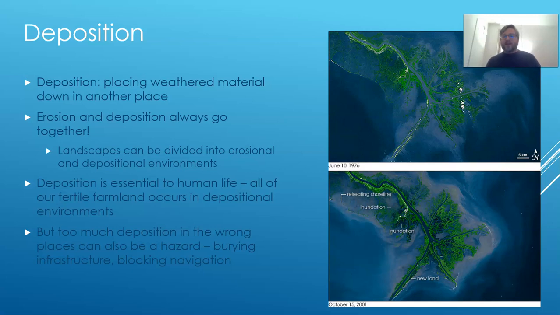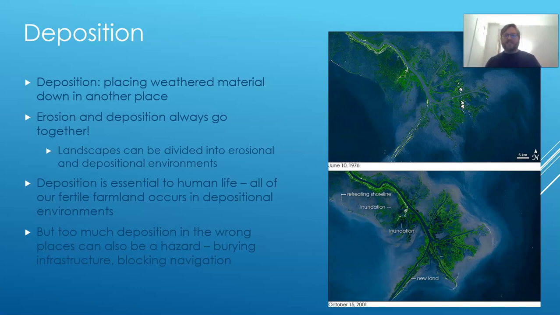And as an illustration of a depositional environment, I've got two different satellite images of the Mississippi River Delta. This is the very end of the Mississippi River down in Louisiana, and this area is formed by deposition. You can see the river running through the center, and then all the green to either side is land that's created by deposition of sediment coming down the Mississippi River, things that have been eroded all throughout the middle of the United States.